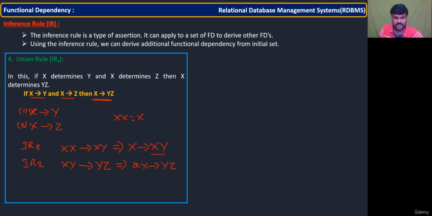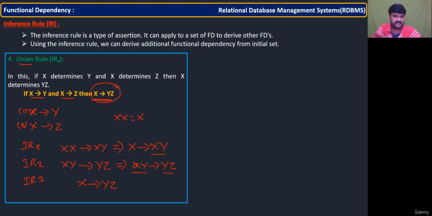If you observe this part and this part, transitively by using inference rule 3, the transitive rule, we can say X determines YZ. So by using the inference rules we used until now, this is valid again. So that is union.